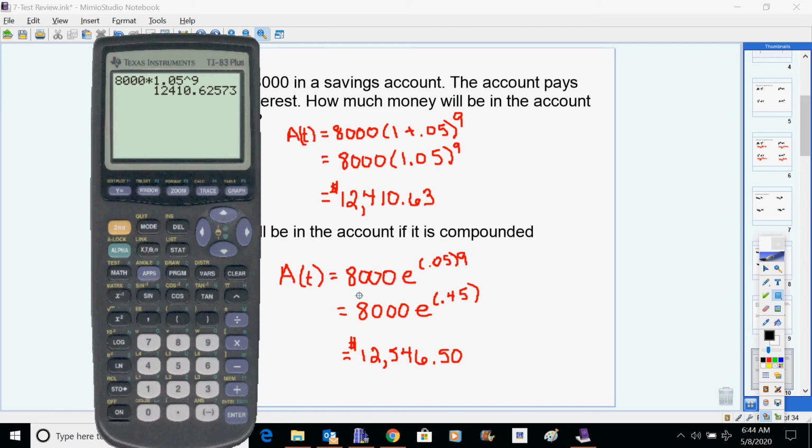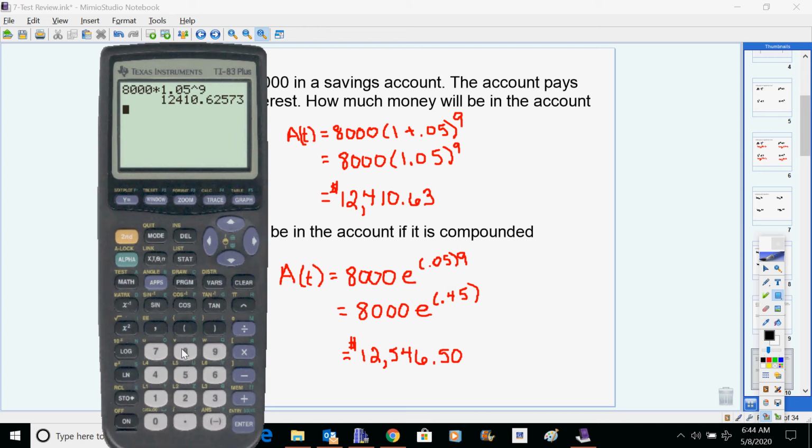This one is P e to the rt power, principal times the natural base 2.718. But what you're going to do on your calculator, 8,000 times, and where's your e?